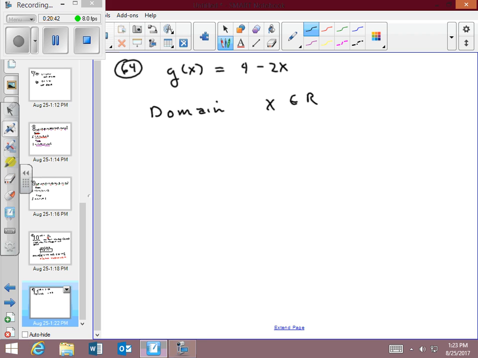Now, I will tell you that there is another problem that you will incur when you get into college algebra where the domain is restricted, and that's when you have the square root, let's just say of x minus 4. Now, what can you not take the square root of?